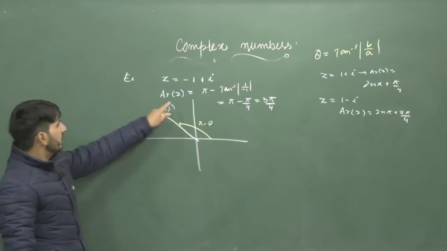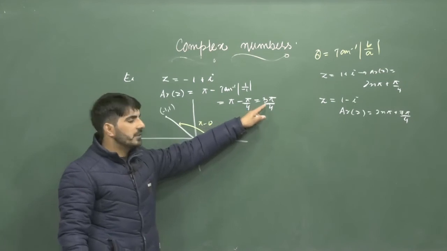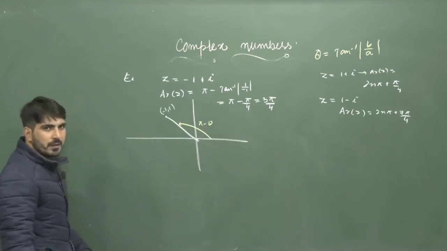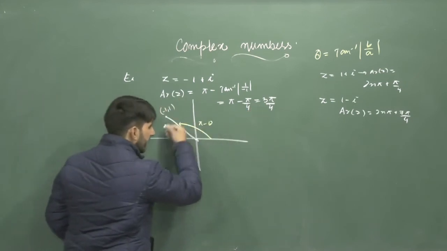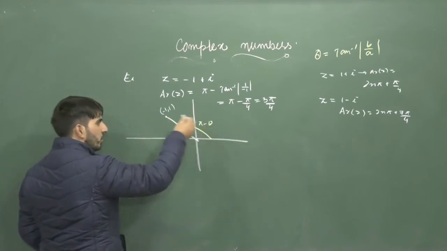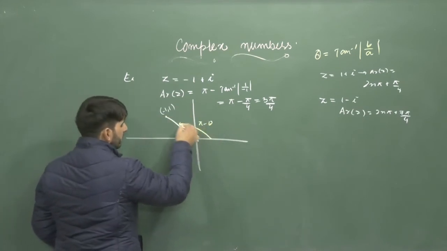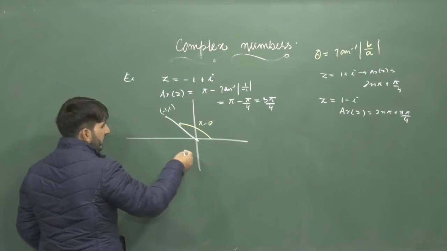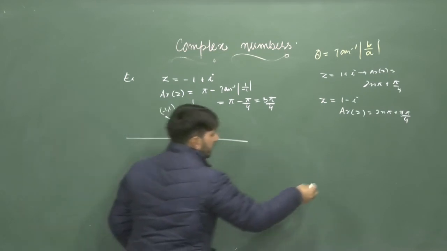So the argument of this complex number is 3 pi by 4. But if we take the second round, third round, fourth round, say this complex number, like this.